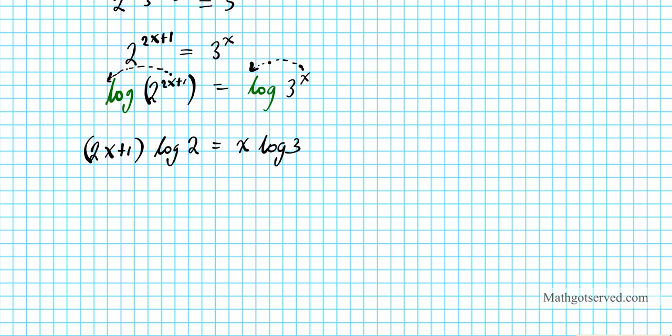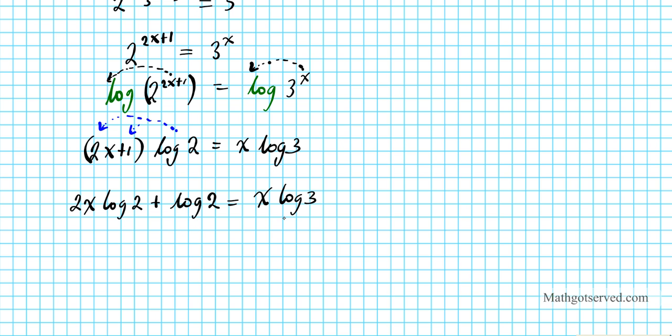But this x is in the parentheses, so on the left side I have to distribute first, and then I can collect my like terms. So distribute log 2 to both terms in the parentheses: 2x log 2 plus log 2 equals x log 3.